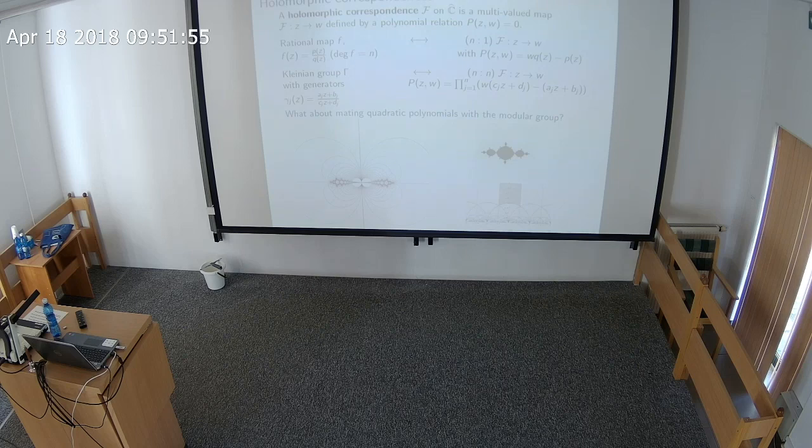Your two-two correspondence is this map that to each zeta gets its two images here. And each point here has two preimages. So each point has two images and each point has two preimages.